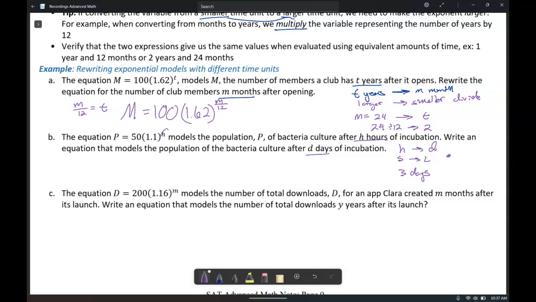Well, in order to use that with the original units of hours, we have to multiply days by 24 hours in order to get the appropriate number of hours. So, since days times 24 is equivalent to hours, we can rewrite our new equation with the time units of 24 times D.